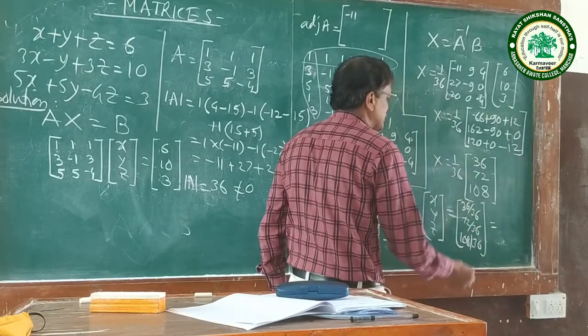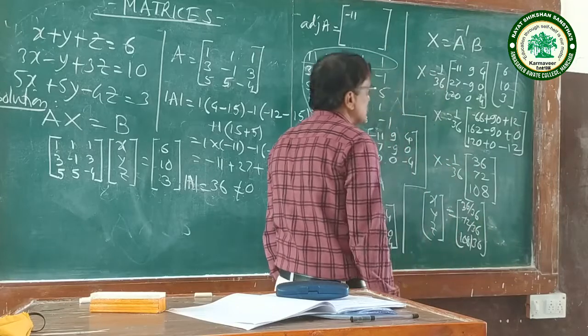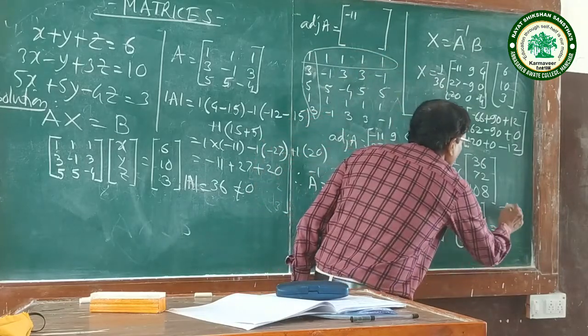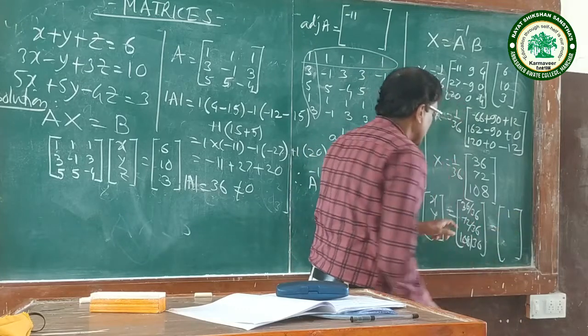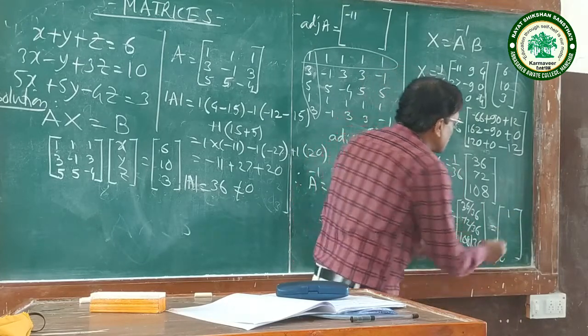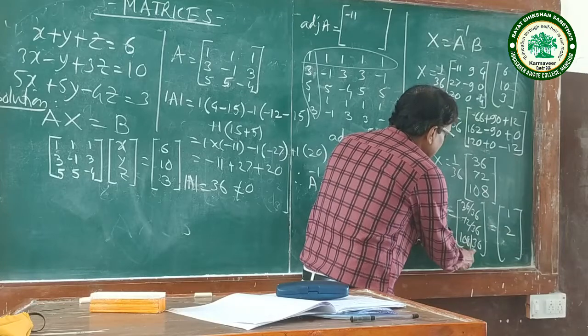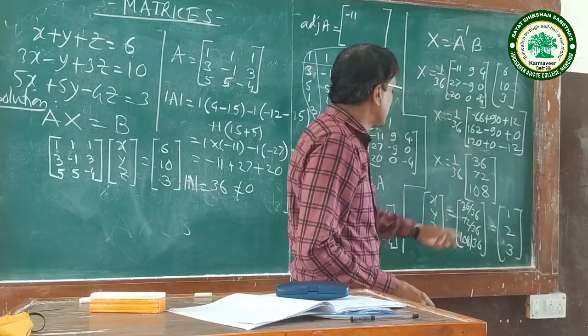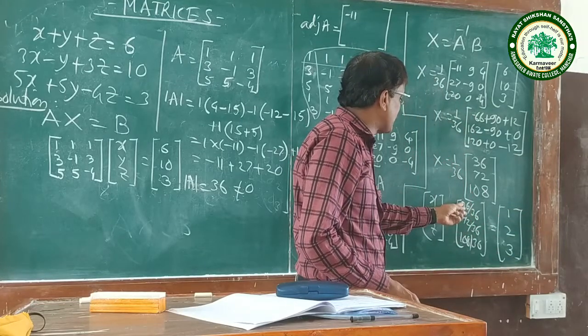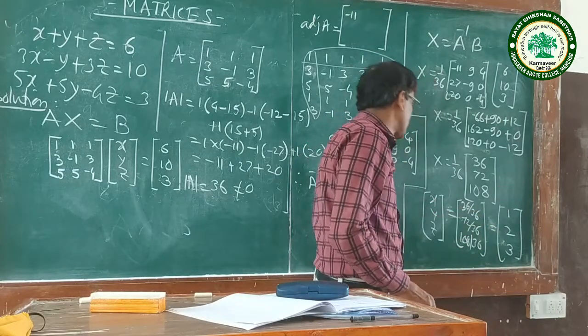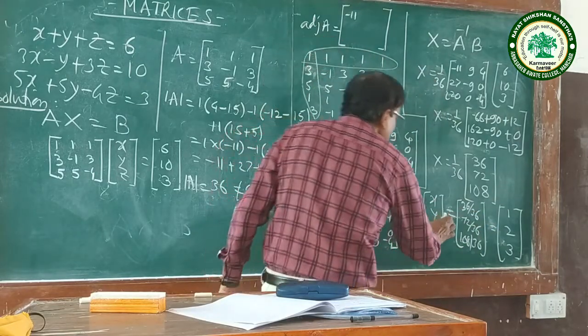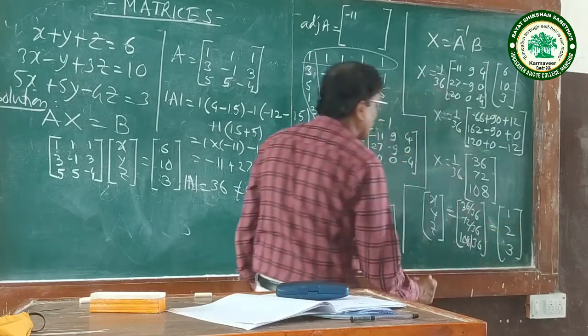So finally, 36 by 36 is 1, 72 upon 36 is 2, 108 by 36 is 3. So 1, 2, 3. Now, by equality of these two matrices, what do we get?